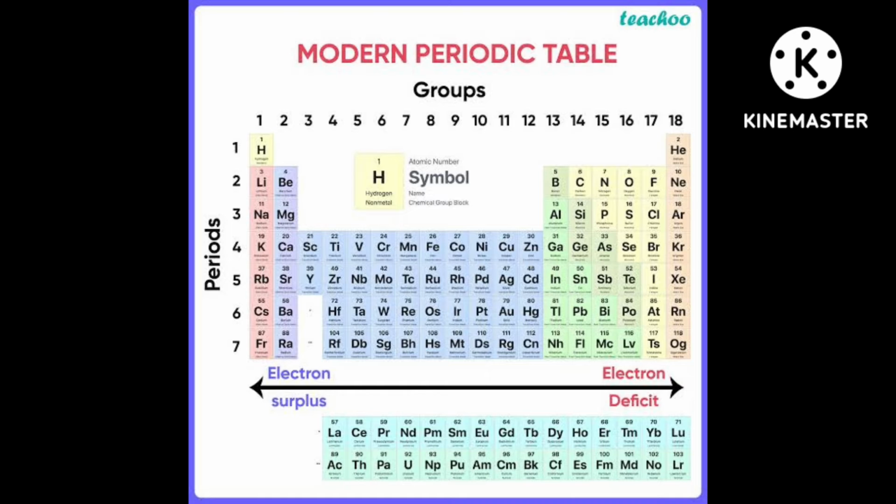Listen carefully, the question is asked: what are the other two elements found along with neptunium and plutonium from pitchblende? Keep in mind, actinium and protactinium.